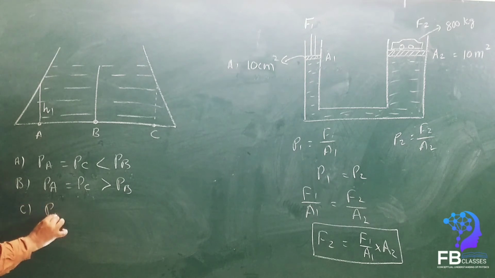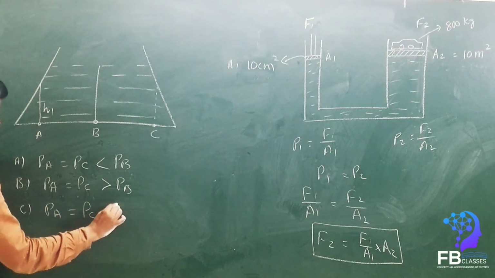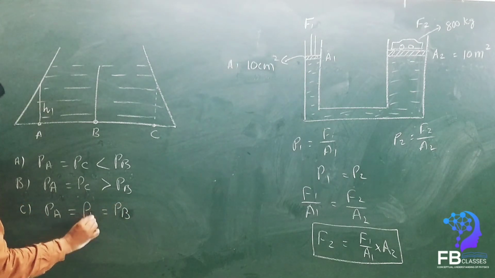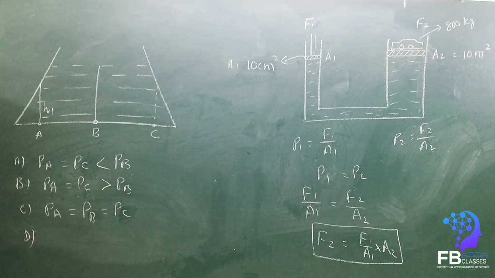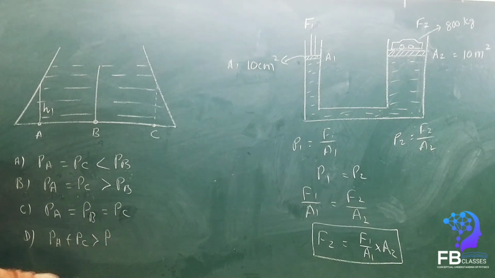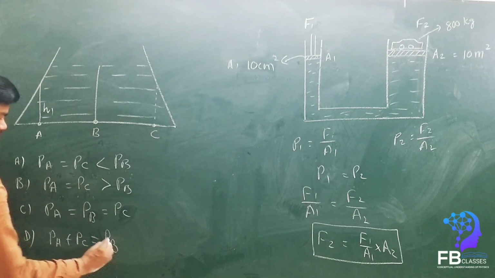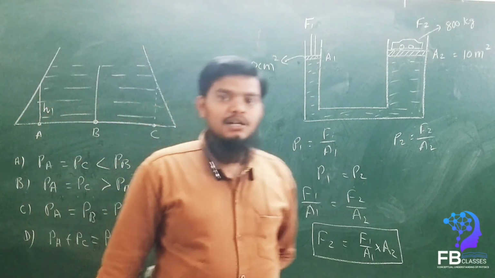Option C: PA equal to PB equal to PC. And option D: PA plus PC is greater than or equal to PB. Which is the correct answer? Which is the correct option?